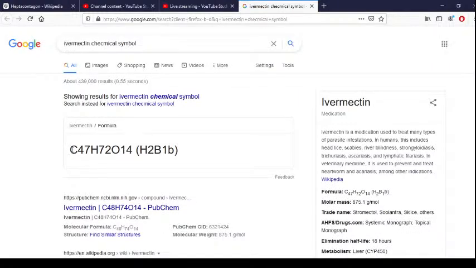There you go. So it's C47. That's interesting. So it's CHO. So it's 3815. Subscript 47, 72, and 14. I'm just saying.